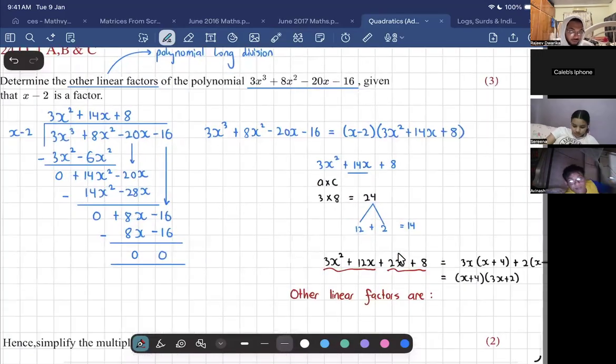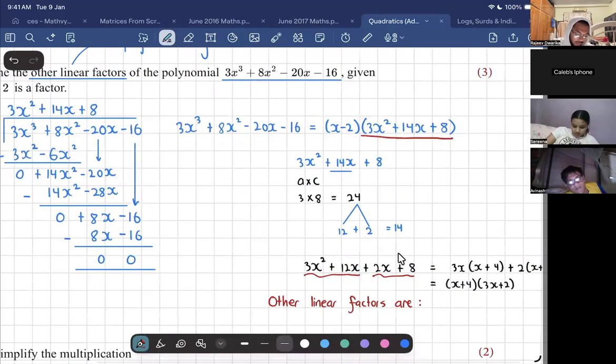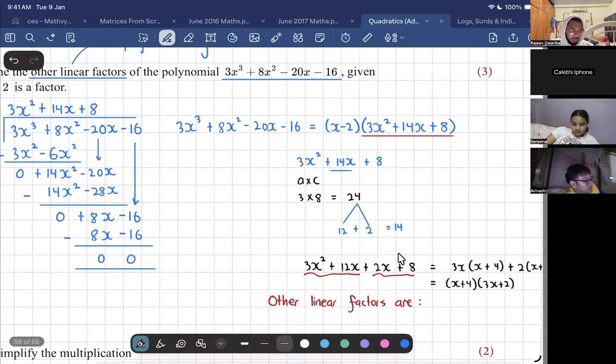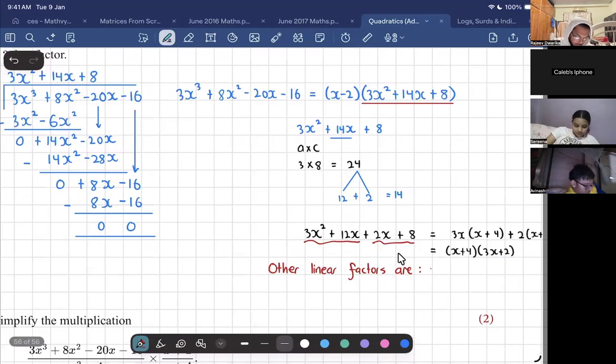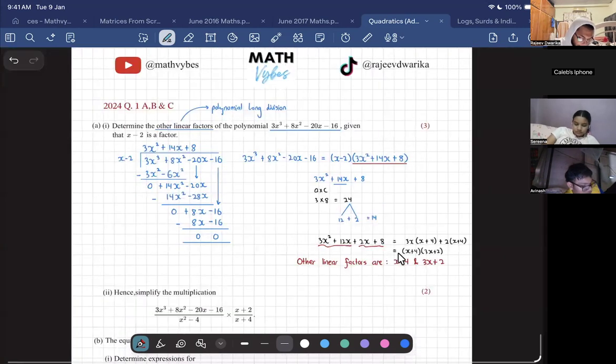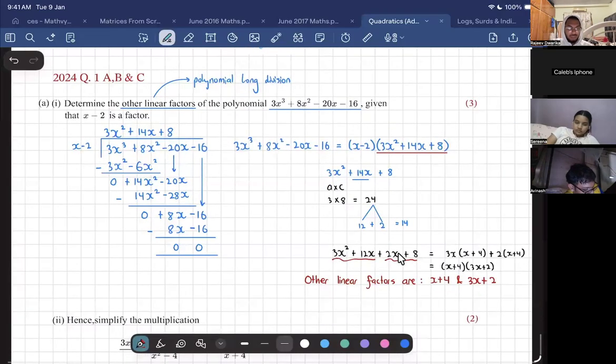They told us x minus 2 was our factor. And then we found this out. But we noted that that was not our linear factor. That was our quadratic factor. Right? So x plus 4 and 3x plus 2, right? They asked us for the other linear factors, so we just have to state those two. Right? Cool. Avinash, make sure you have a screenshot or you have it copied down.